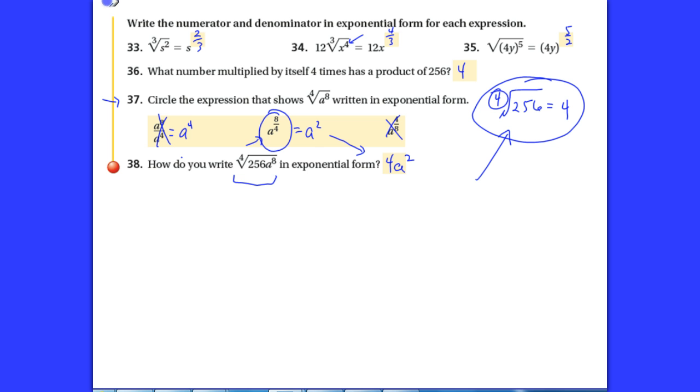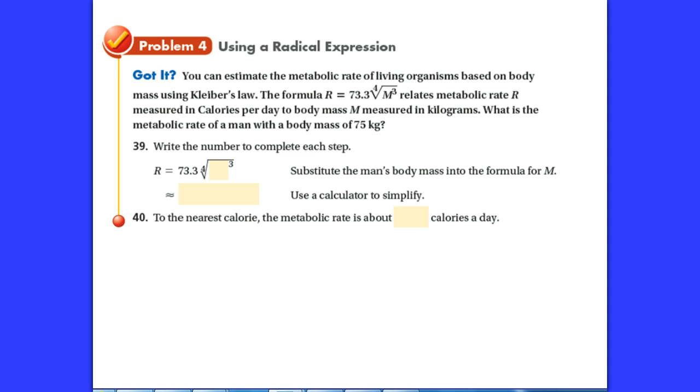And moving along to the back here, here's a really cool science application for us. It's really a simple problem if you have a calculator, and it says that you can estimate the metabolic rate of living organisms based on body mass using something called Kleiber's law. And here's the formula. The formula relates the metabolic rate, which we're going to use R, measured in calories per day, compared to your body mass, which we'll use M, measured in kilograms.